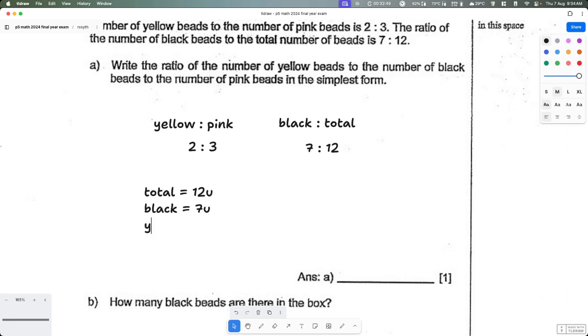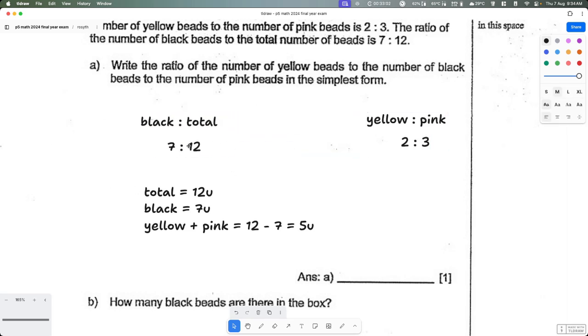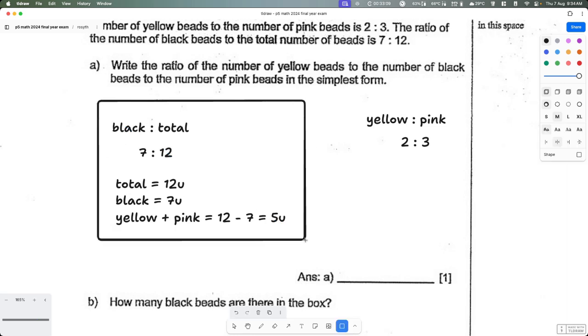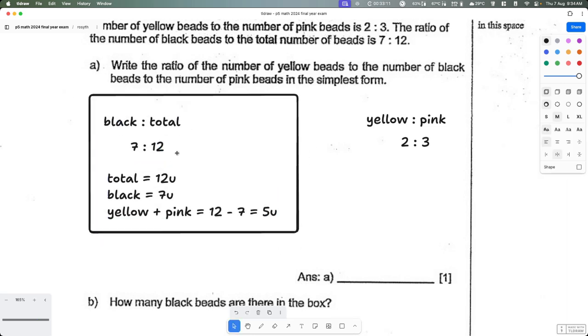So that means yellow plus pink is equal to 12 minus 7, which is 5 units. Okay, I'm going to put this here, put a black. So in this case, let me put a rectangle so it's easier to block them out.